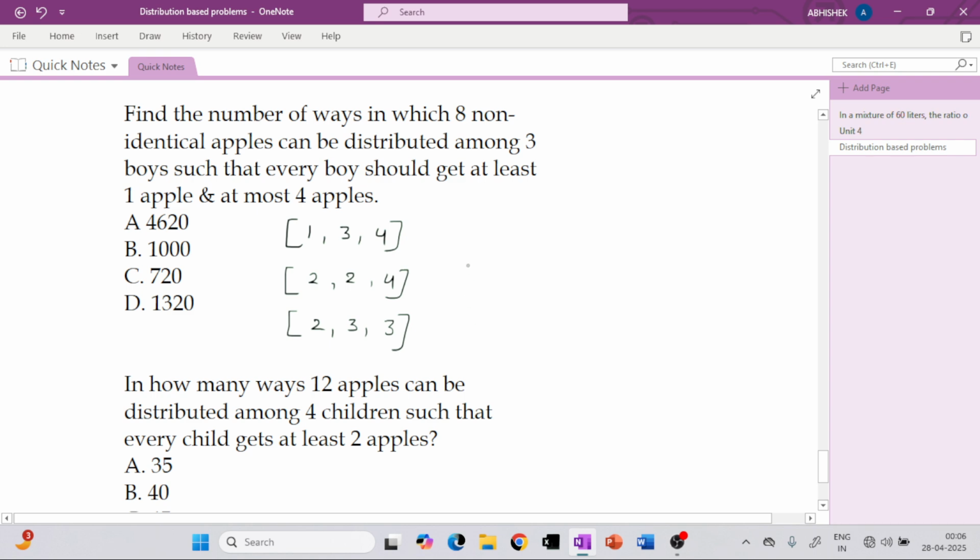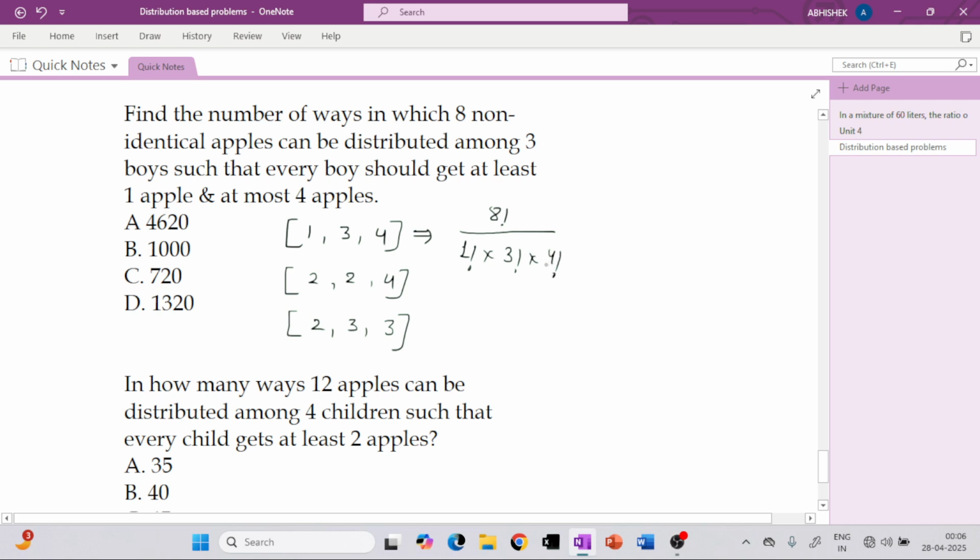Now, because the 8 apples are different and the boys are also different, we have to use one thing. 8 things can be arranged in 8 factorial ways, but it should be divided by 1 factorial into 3 factorial into 4 factorial.